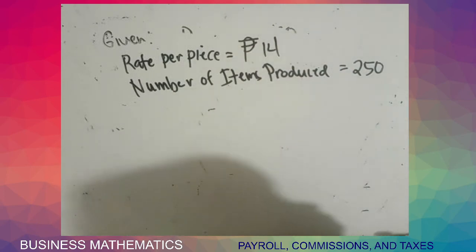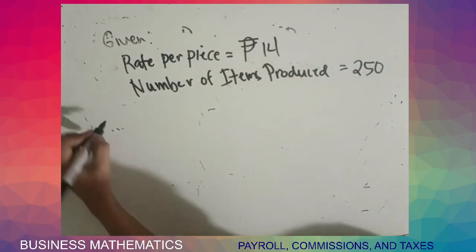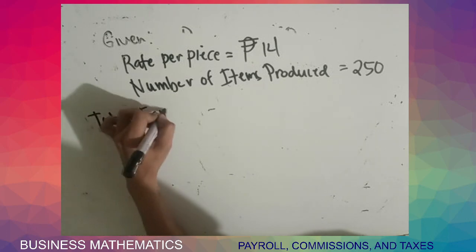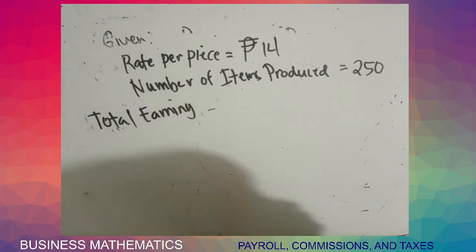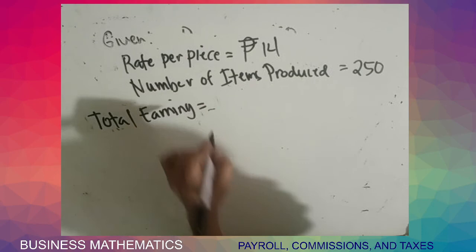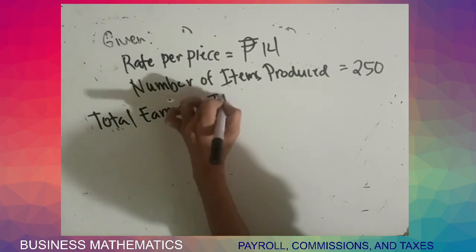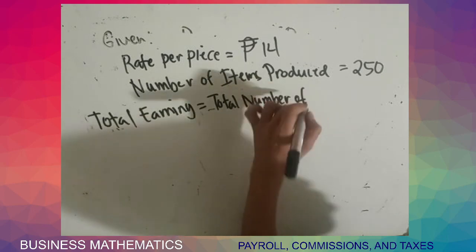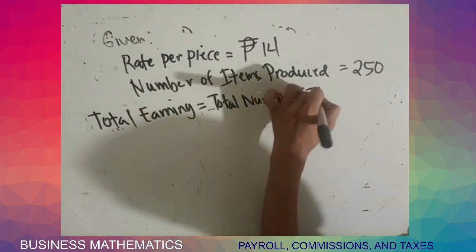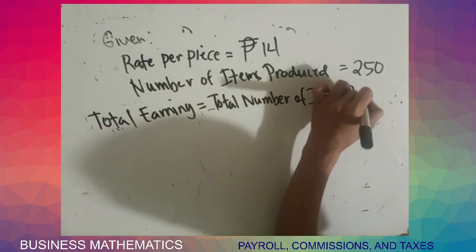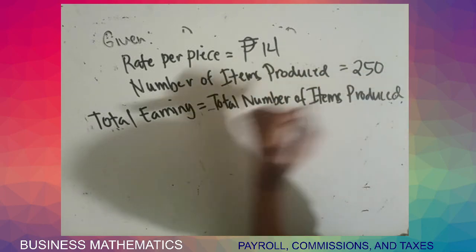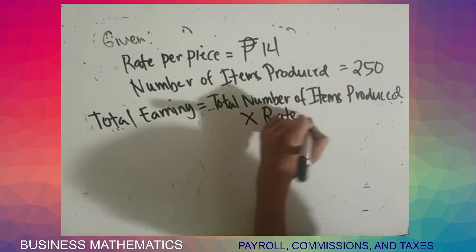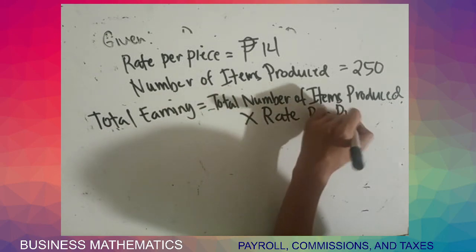Okay? So, pwede natin gamitin yung formula for getting the total earning. So, total earning equals total number of items produced times rate per piece.